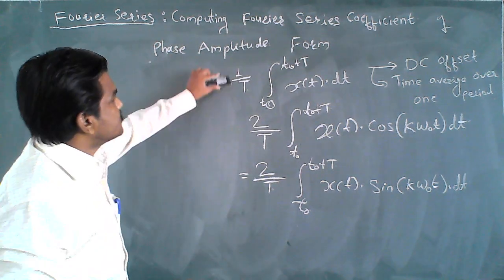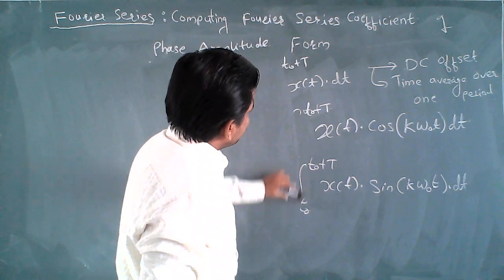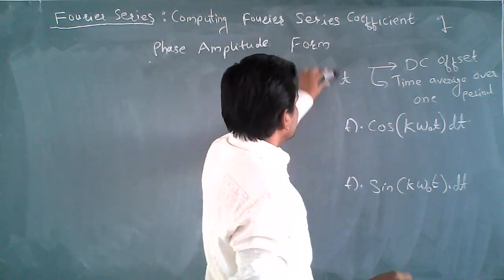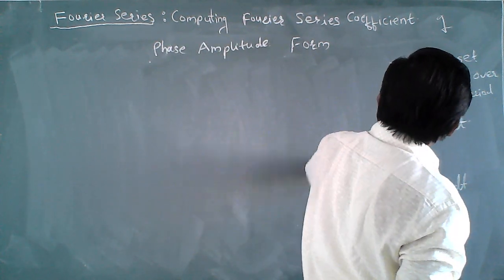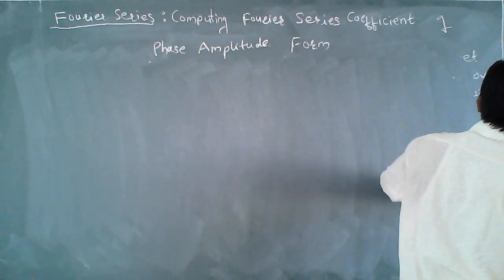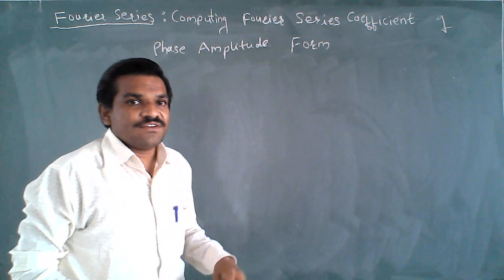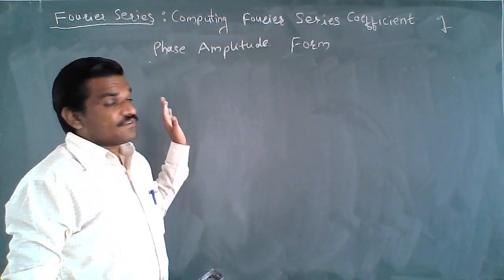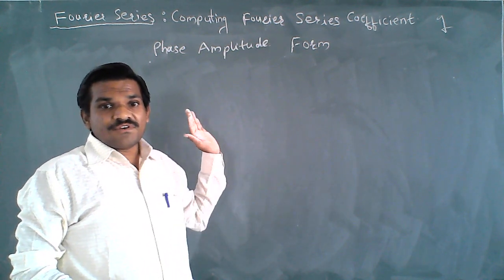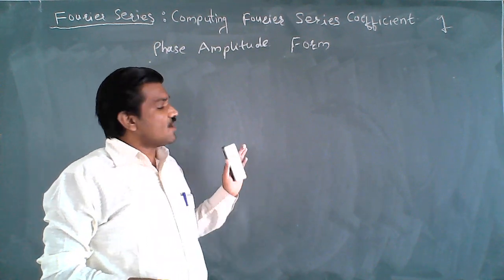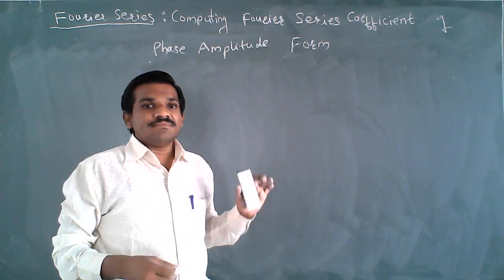So how the sine and cosine form is converted to the phase magnitude form, and how the phase magnitude form is converted to the exponential form. From that you can convert from any form into any other form using some simple equations.